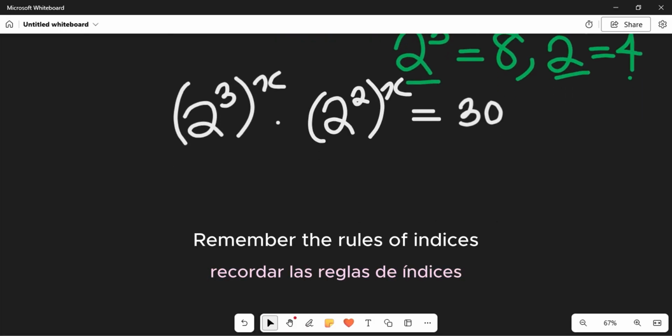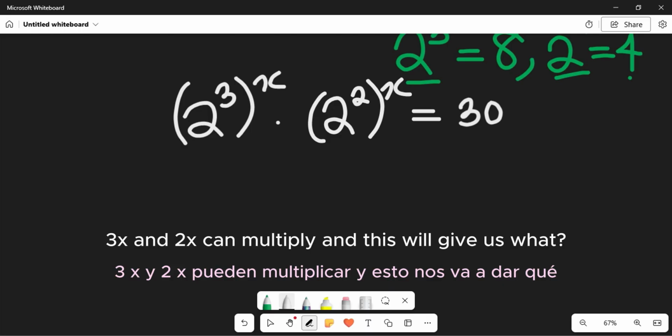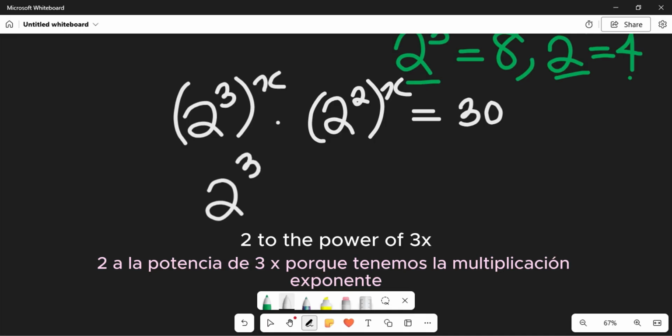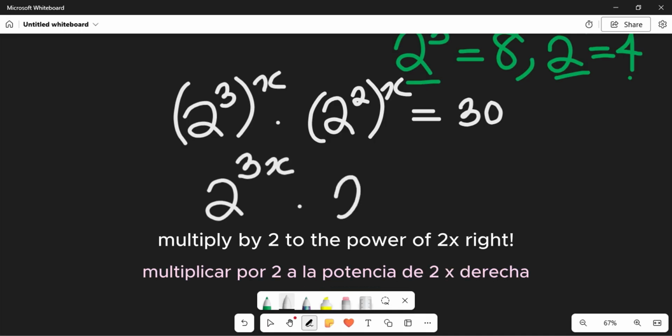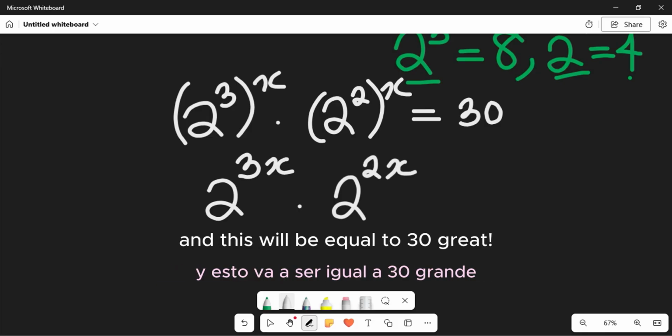Remember the rules of indices. 3x and 2x can multiply, and this will give us 2 to the power of 3x multiplied by 2 to the power of 2x, right? And this will be equal to 30.